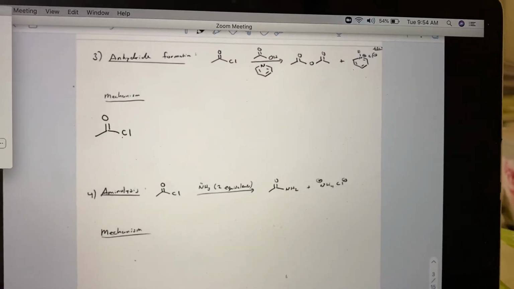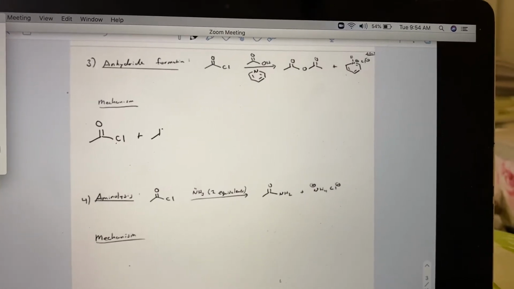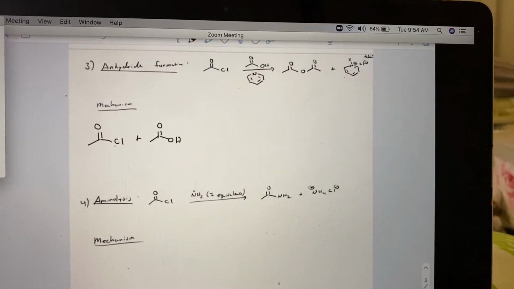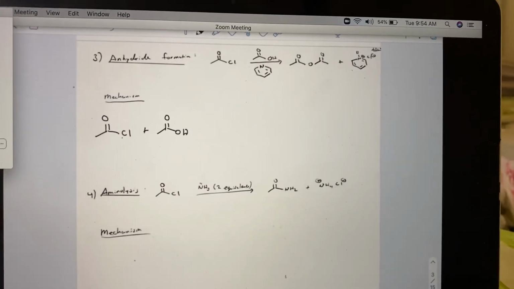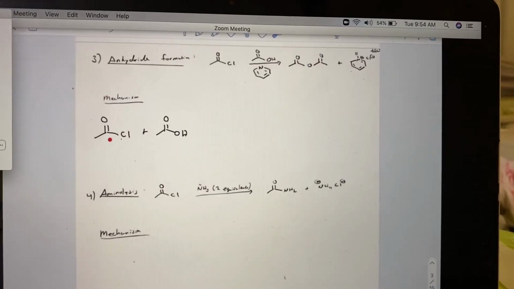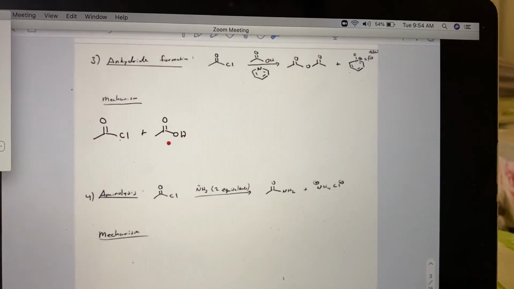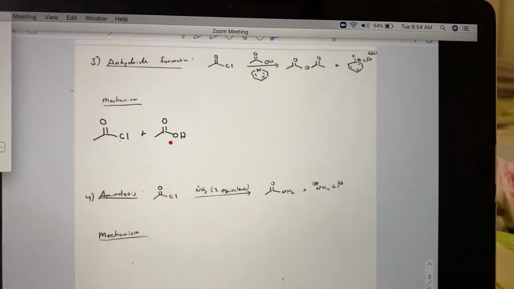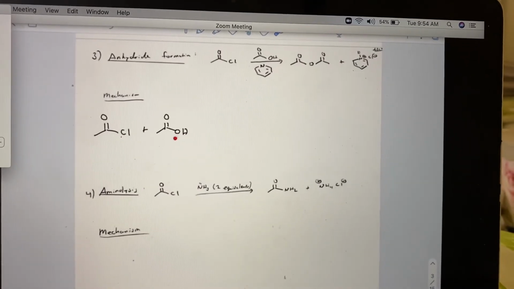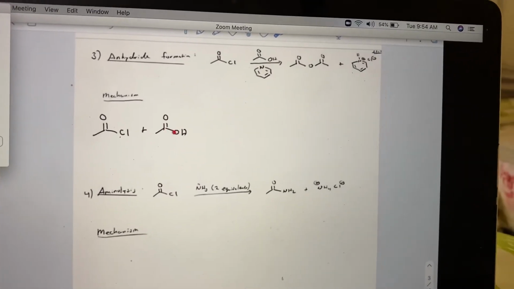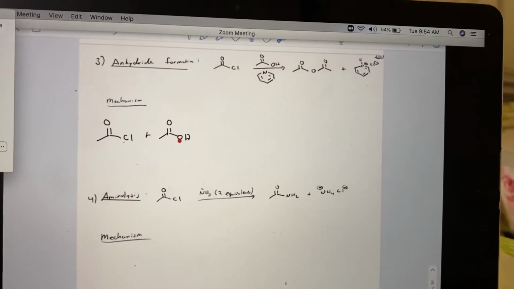So we have this, and if we're going to react this with our carboxylic acid, now here, even though we have this highly reactive acyl chloride, this is a pretty weak nucleophile. So unlike water or methanol, where the electrons are localized on that oxygen, now those electrons are delocalized through resonance and induction between the oxygens.